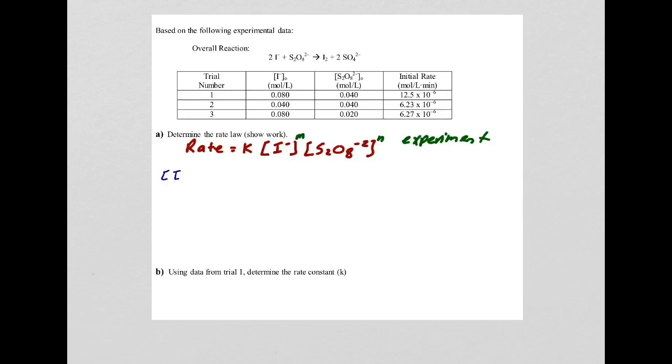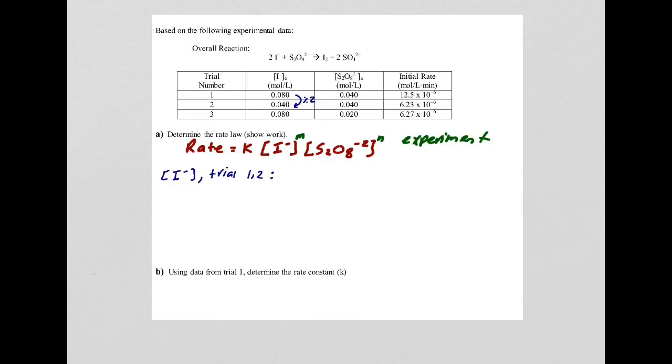I want to figure out I minus. Which 2 experiments should I look at? What do you think? I should look at trial 1 and 2, right? Why 1 and 2? Because in 1 and 2, the S2O8 minus 2 concentration remains constant, and the only thing that is changing is I minus. That's what I want. So what happened? They halved the concentration.